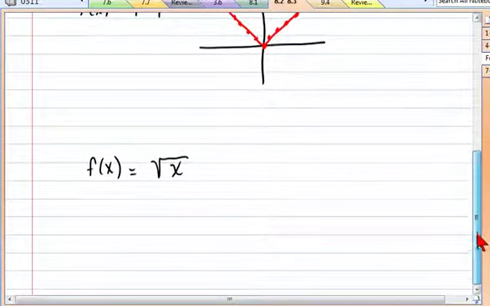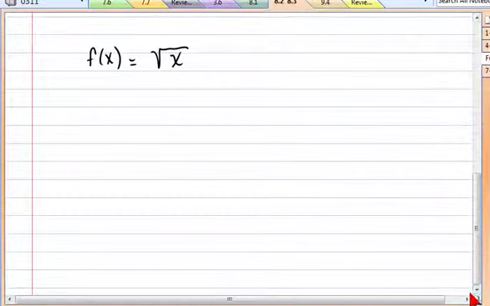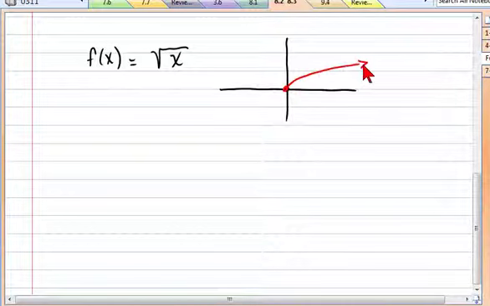All right, the third one is the square root function. The square root function looks like a little branch that rises in the upper right-hand quadrant, in quadrant 1.